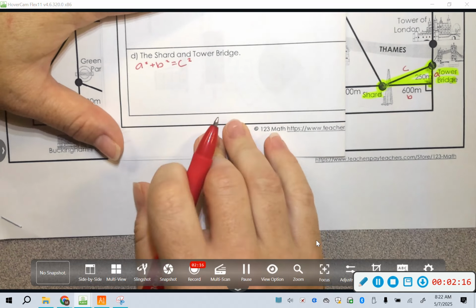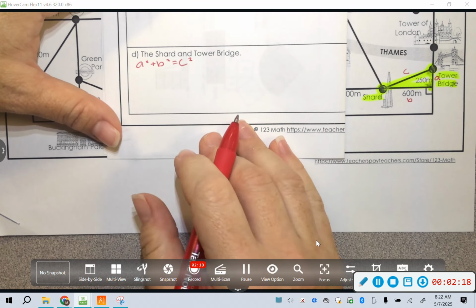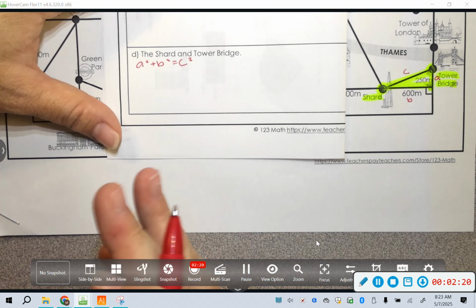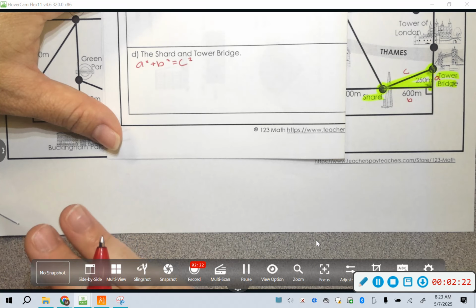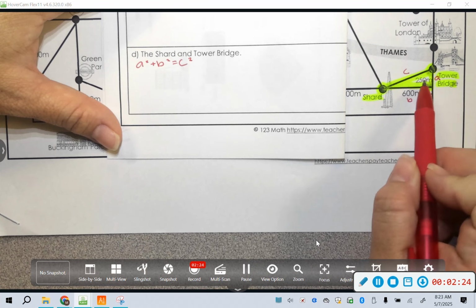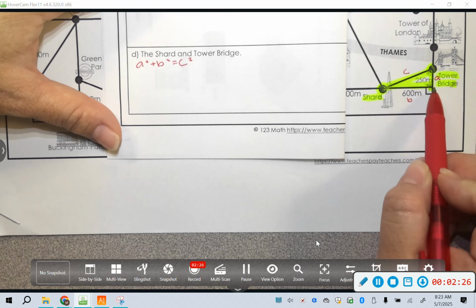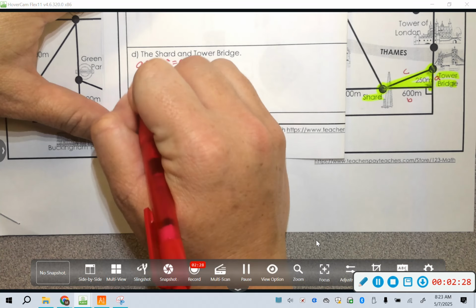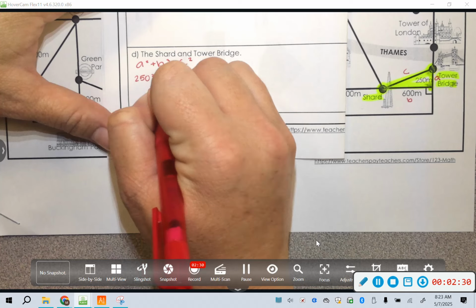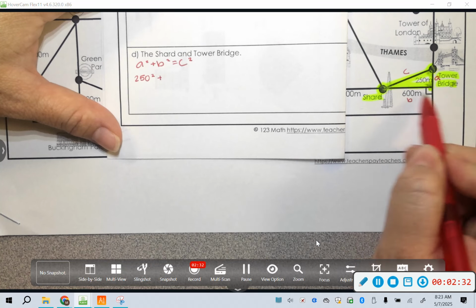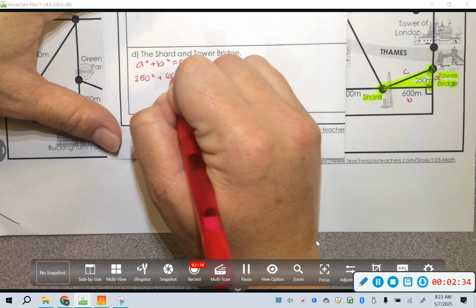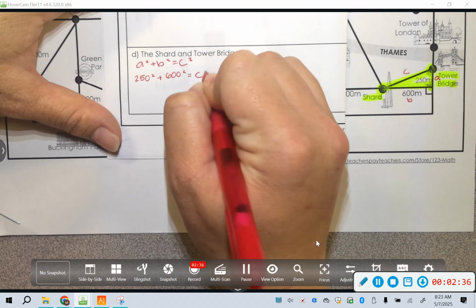Now, you don't have to write this every single time. I'm writing it a lot because that's what we're doing, and I want you to understand my why. Yes? Okay, so knowing that, do I know the distance of A? Yeah, it's 250. So A is 250 squared plus, do I know B? It's 600. So 600 squared equals, we don't know C.